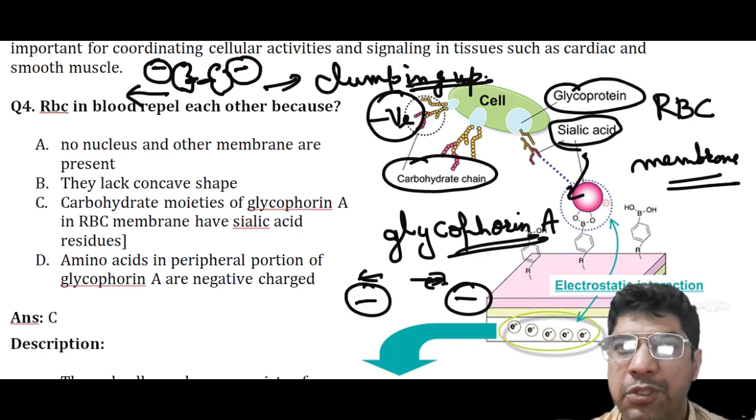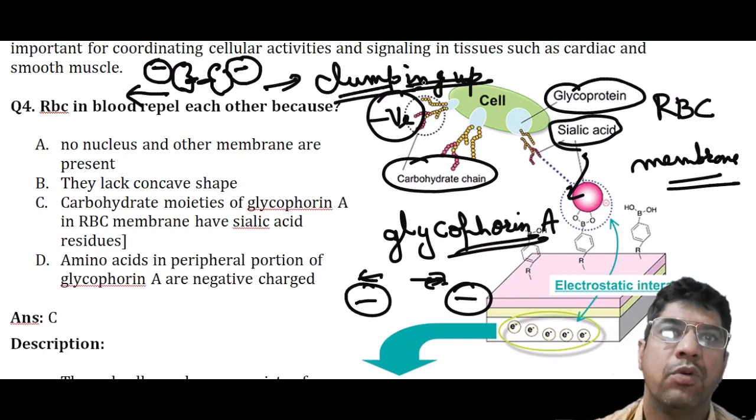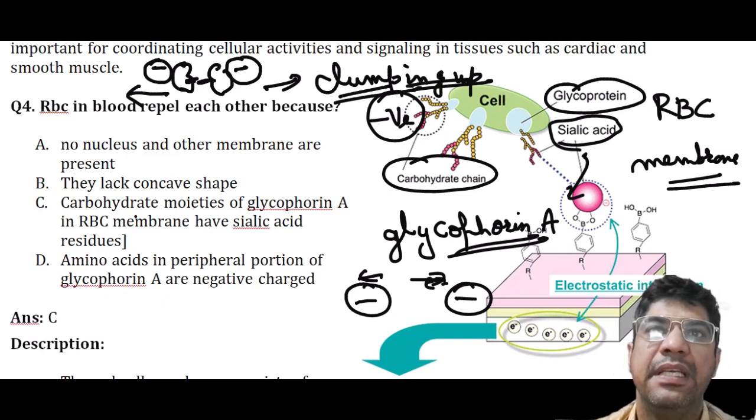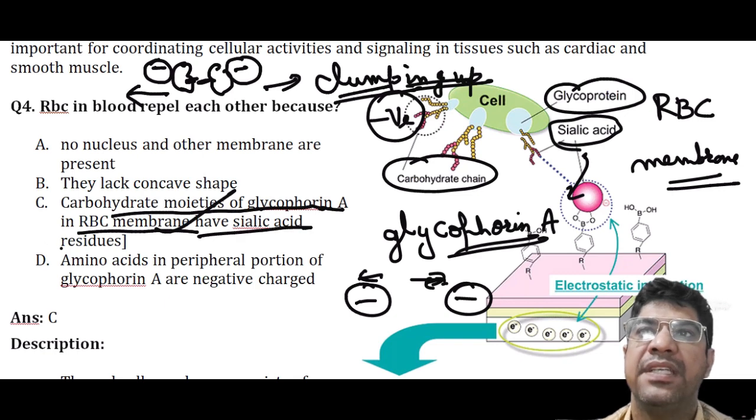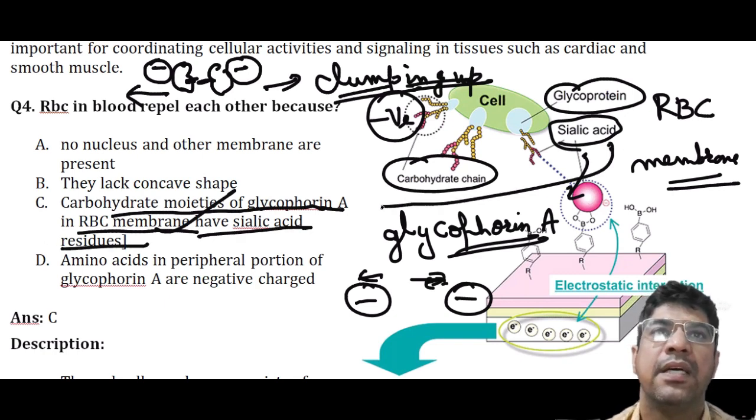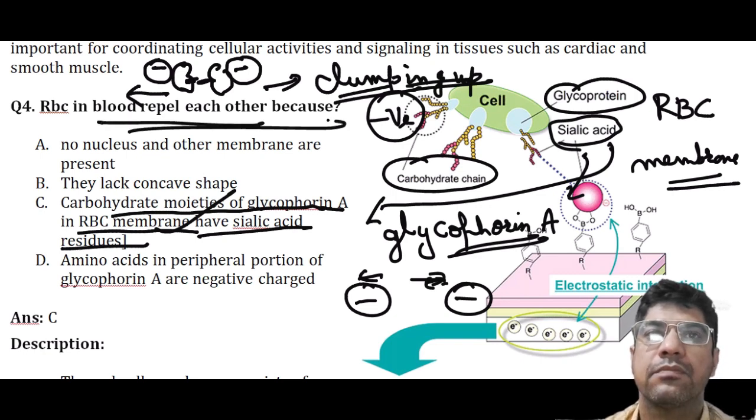Thanks to this tiny magnet charge on your RBC, they do not clump. So the answer would be C. Because of the carbohydrate moiety of glycophorin A in the RBC membrane that has sialic acid residues, the RBCs in blood repel each other.